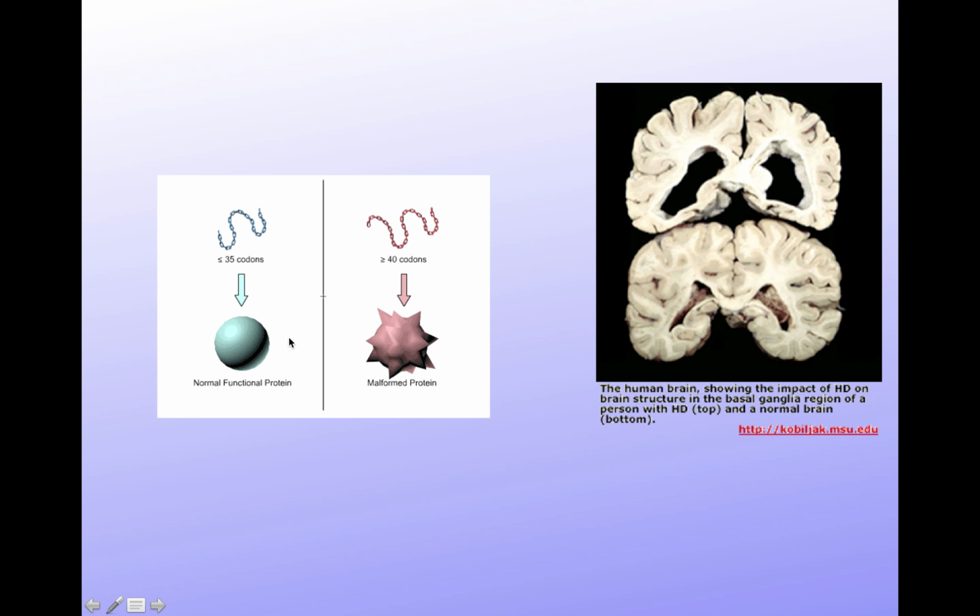You can have up to 35 codons and still have a normally functioning protein, but if you have more than that in this glutamine repeat, then the proteins are malformed and have to be dealt with. The process of dealing with those proteins is what causes the neurodegeneration here.